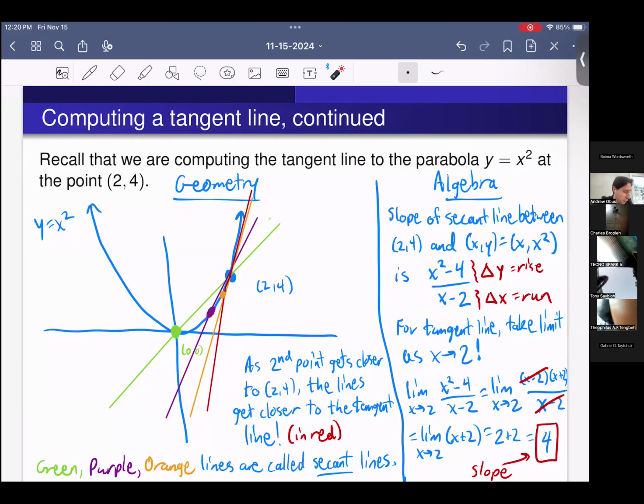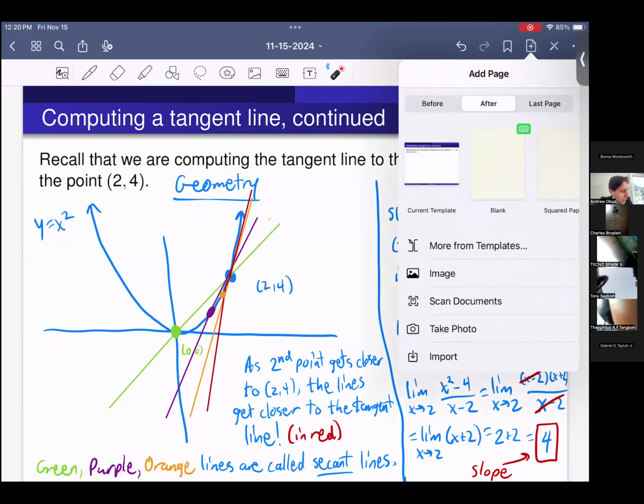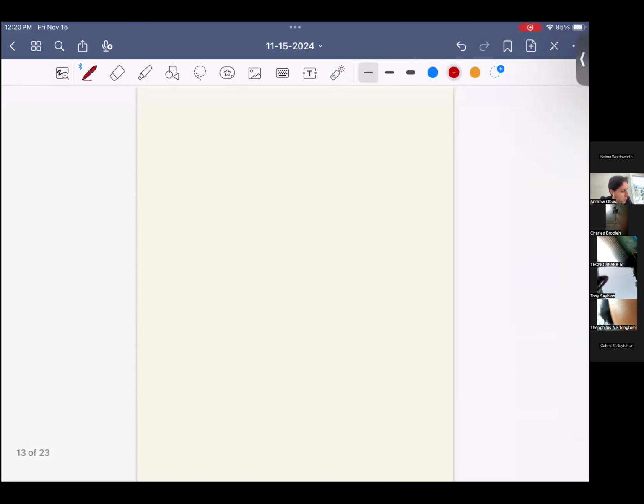Maybe, just for completeness, we should write down the equation of the line. If the slope is 4, then the equation of the tangent line in point slope form is going to be y minus 4 equals 4 times (x minus 2), right?